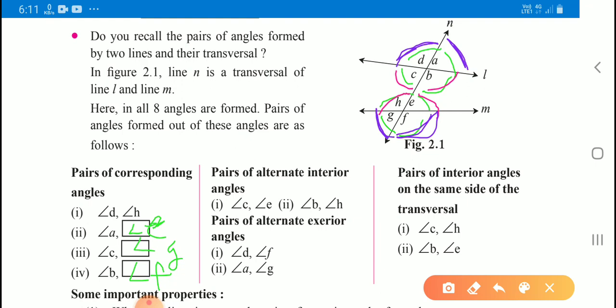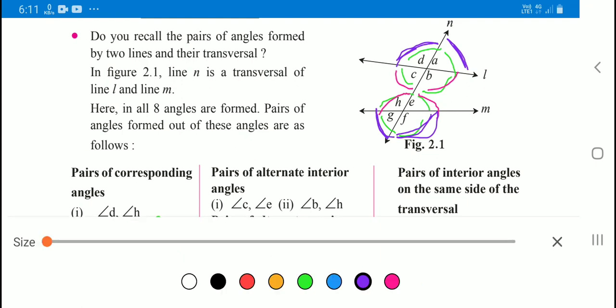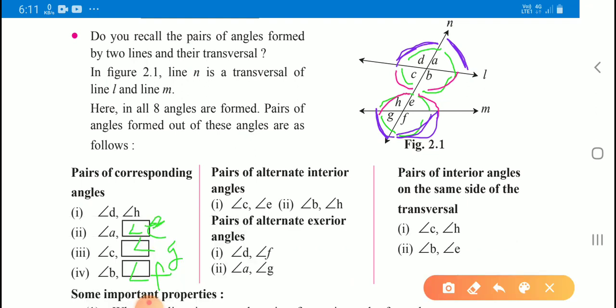Now one more pair remain, that is pairs of interior angles on the same side of the transversal. These pairs are, look here, angle C and angle H. Okay, another is angle B and angle E. Okay, do you understand this?